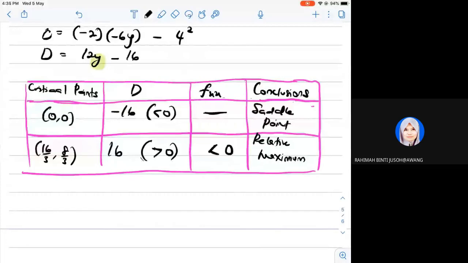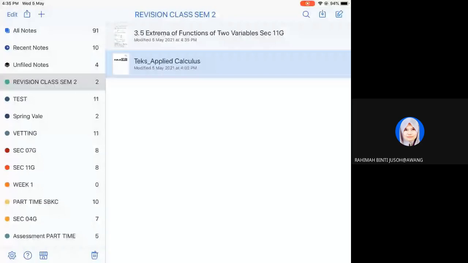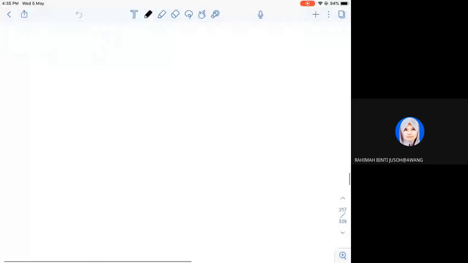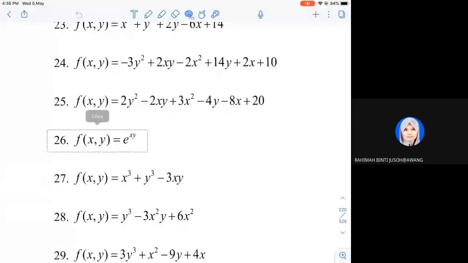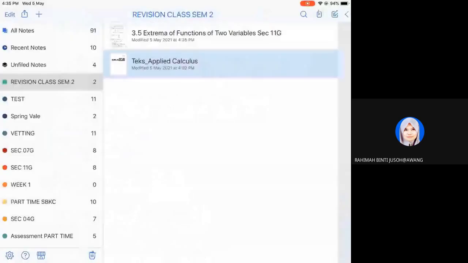Okay. Kita tengok soalan tutorial lah, cari soalan yang mencabar sikit. Question tutorial. Jom kita buat soalan question number 26 ni. Exponential. Tutorial question.